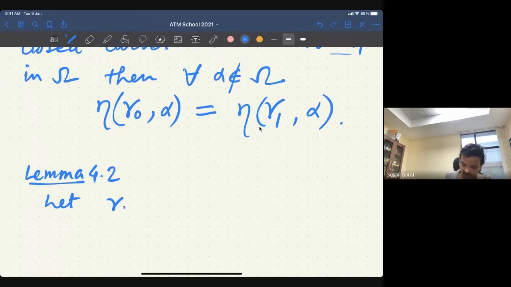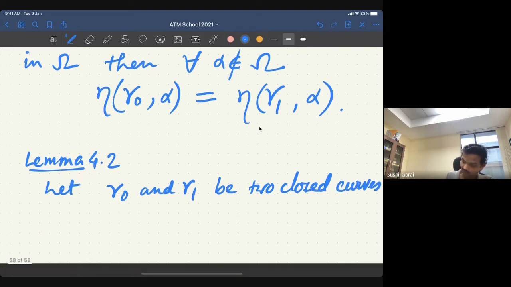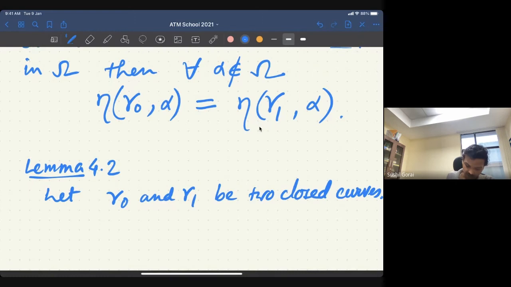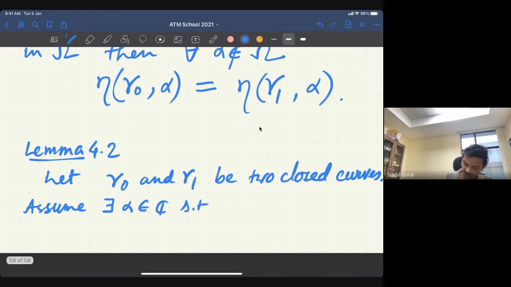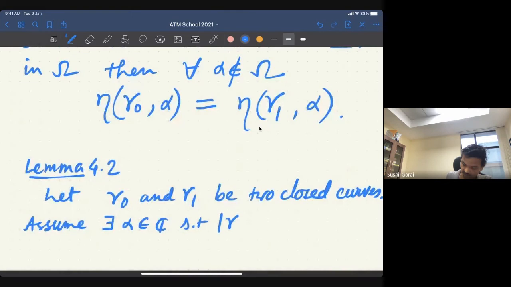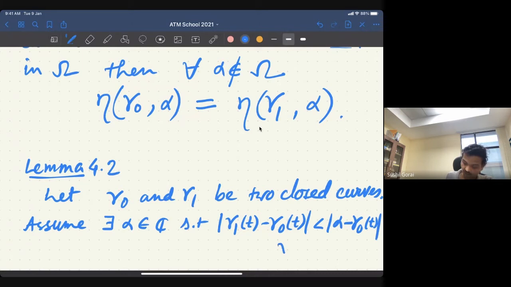So let gamma 0 and gamma 1 be two closed curves. Assume there exists alpha in C such that mod gamma 1 t minus gamma naught t is less than mod alpha minus gamma naught t for all t in [0, 1].